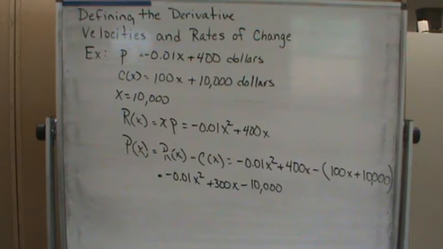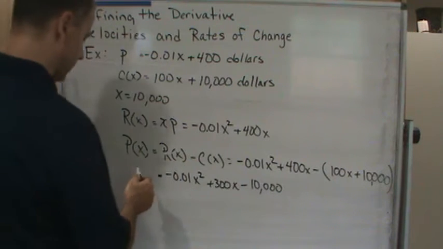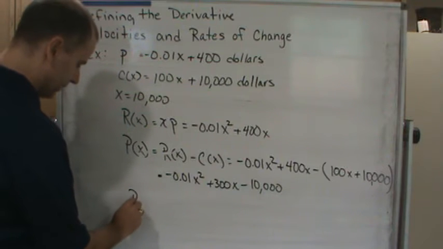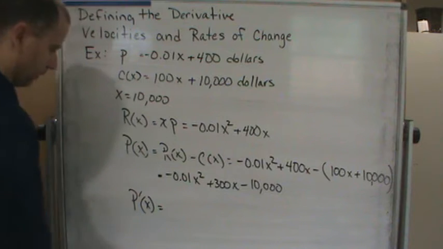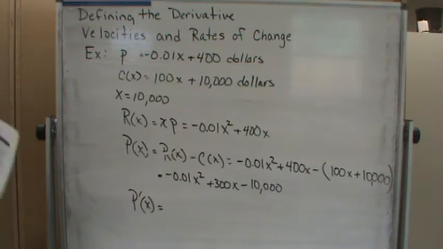And so that is going to be our profit function. So now if I want instantaneous change in profit, then what I'm looking at is P prime of x. Okay? And that's where the limit is going to come in.